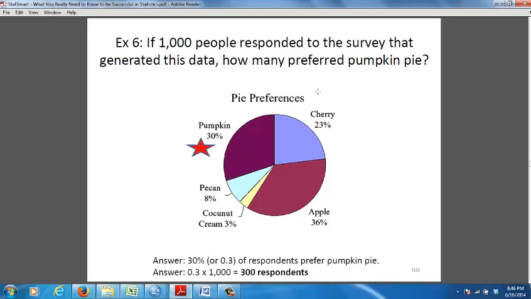You can also see that 30% preferred pumpkin. But once I have a percentage, I have to multiply that by the total number surveyed to get the estimated number of people who responded pumpkin pie, which will be about 300, which is literally the percentage times your n.